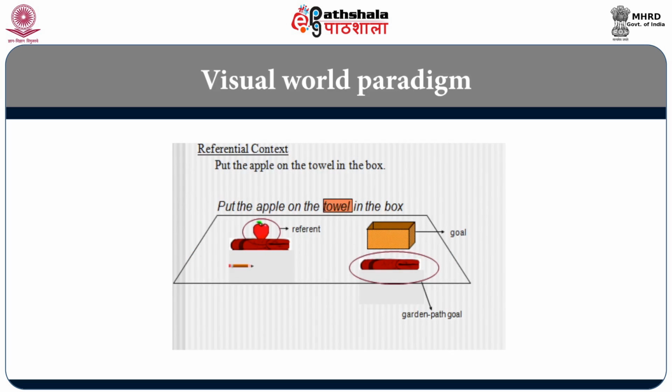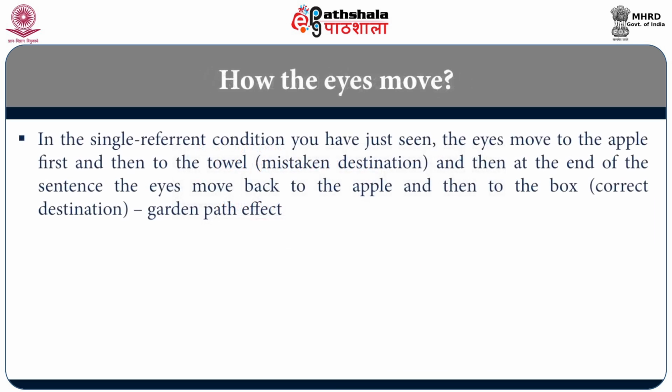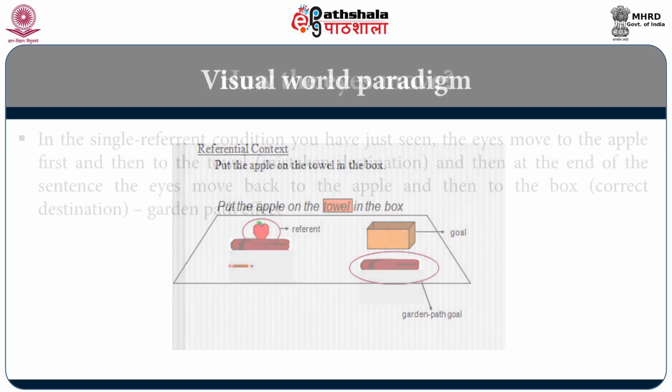The first picture is called the single referent condition. In this condition, the eyes move to the apple first and then to the towel, because you would have processed the sentence, put the apple on the towel. It's an ambiguous sentence. You think you have to move the apple to the towel, to the empty towel, and then you get that it's a mistaken destination.